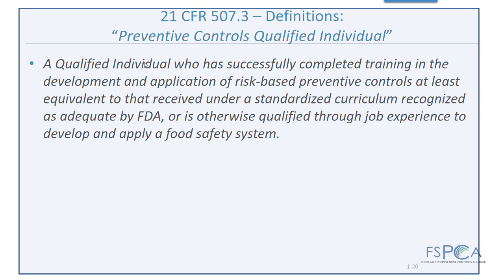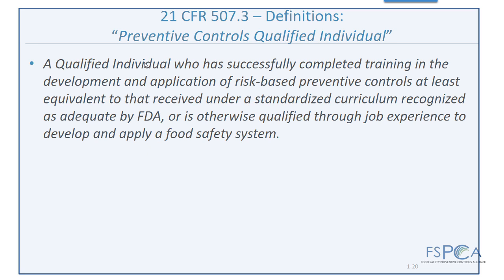Now, there is a little bit of flexibility built into this definition that says you can be a preventive controls qualified individual through job experience or some other training. So this course is not the only way to become a PCQI.